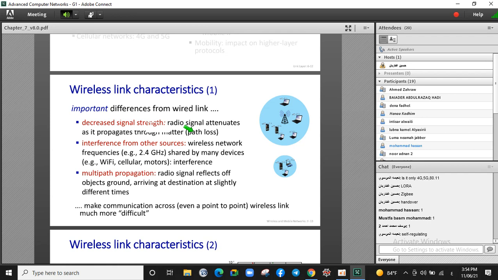Okay. The second main difference between a wireless network and a wired one is that when I'm talking about wireless links, different sources of wireless signals can interfere with the other sources.